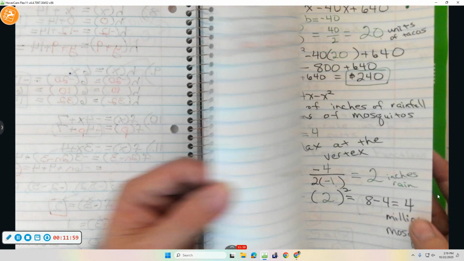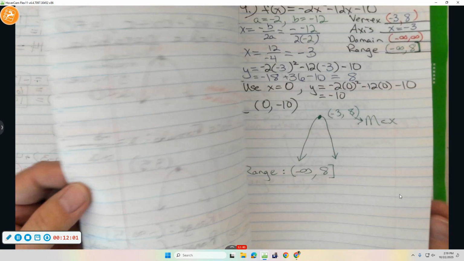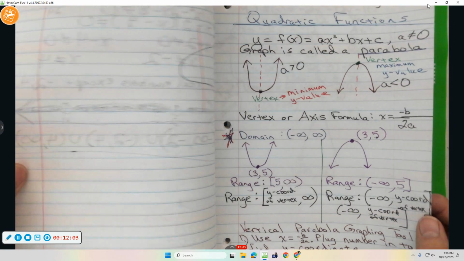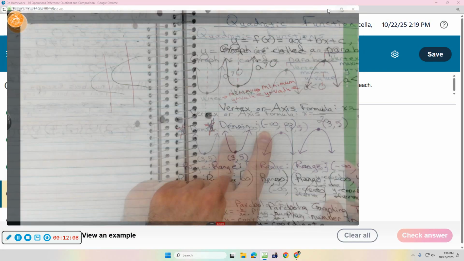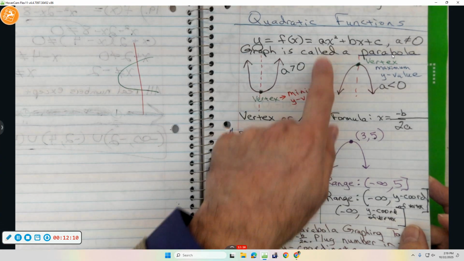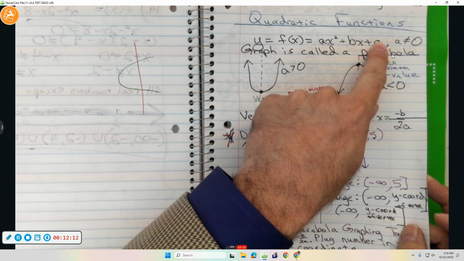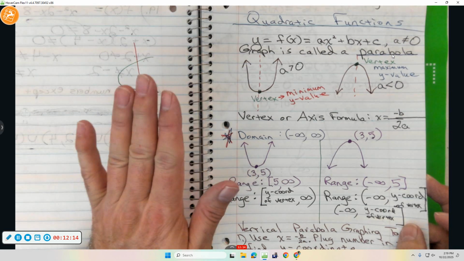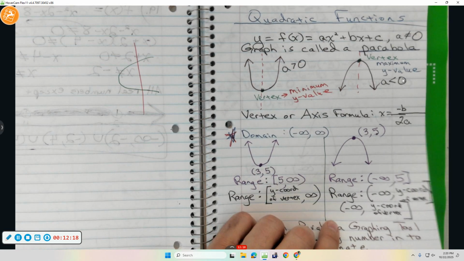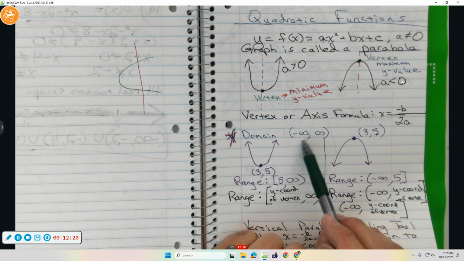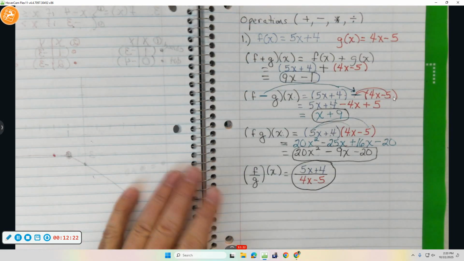We emphasized that again the last time when it was asking for the domain of quadratic functions. With a quadratic function, ax squared plus bx plus c, there's no square roots. There's a square, but not a square root, and there's no fraction, so the domain is all real numbers.